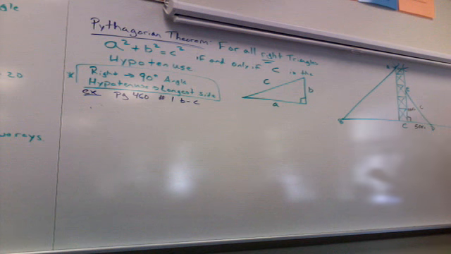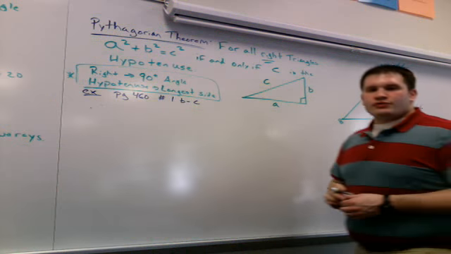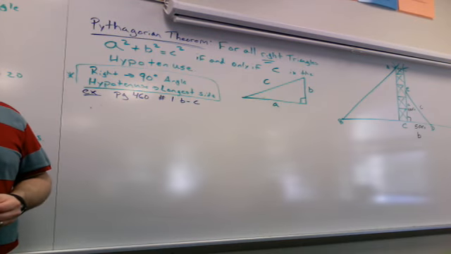This is my hypotenuse. I know that because it's across from my right angle. Right? What can this one be? B? Okay. And what can this one be? A. It doesn't matter which one's A, which one's B, as long as C is the hypotenuse. Okay, does that make sense?